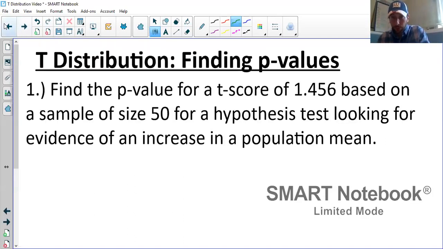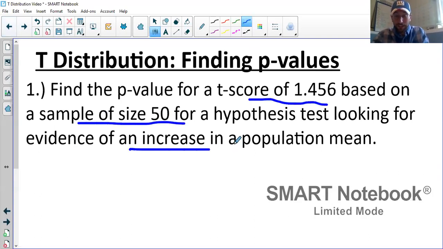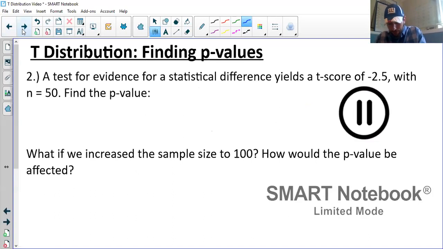So we're looking at a t-score of 1.456 with n is 50, and an alternative of greater than. This is all important information: we got our t-score, sample size, and that tells us what our alternative is. Then we want to look at what happens if we have a t-score of negative 2.5, n is 50 again, but now our alternative is not equal to, because we're talking about a statistical difference.